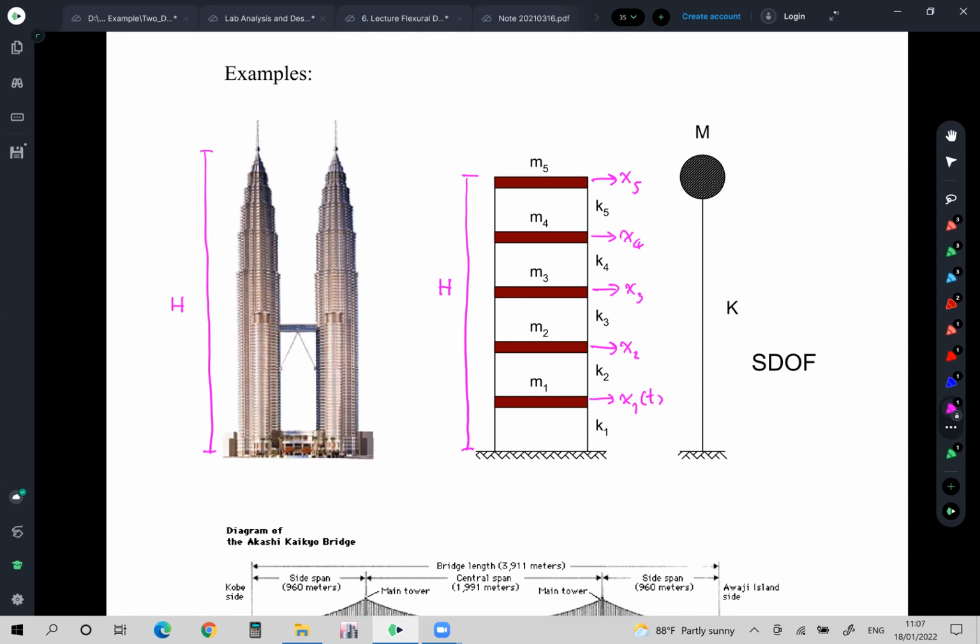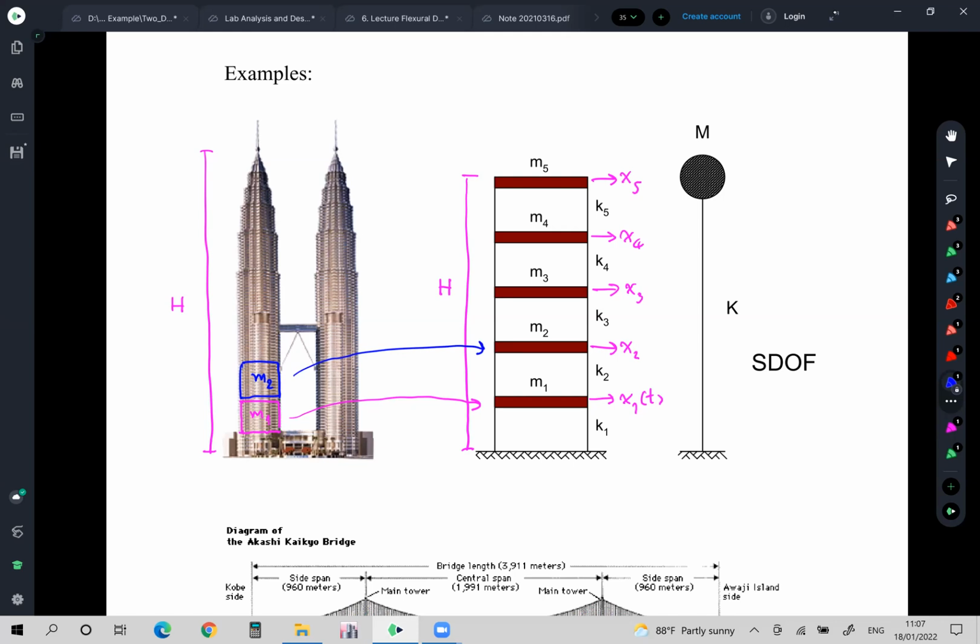Okay. And see, the mass is lumped. Maybe the mass from here to there, we lump to M1. And the mass there to there, maybe I lump into M2. And this is here, and that is there. Something like this.